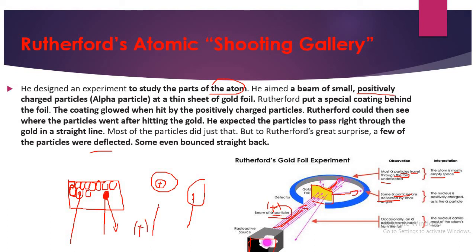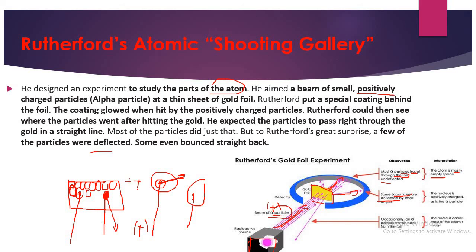When a positive hits the positive inside the nucleus, what happens? There is a repulsion, right? So when an alpha particle hits the positive particle inside the nucleus, it will repulse, deflecting like this, because positive and positive repel.